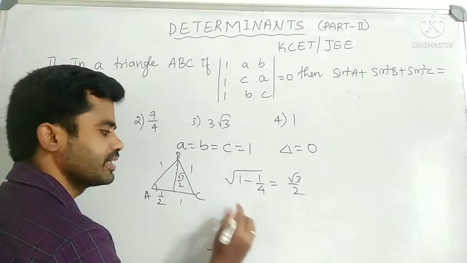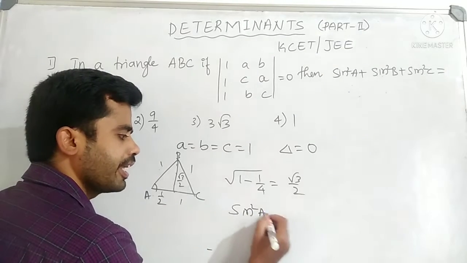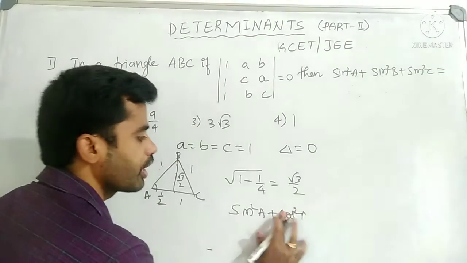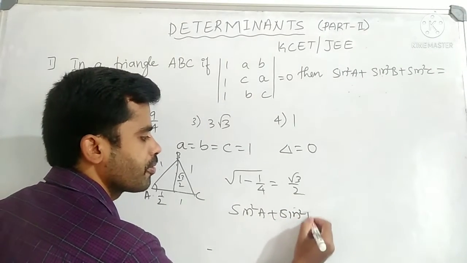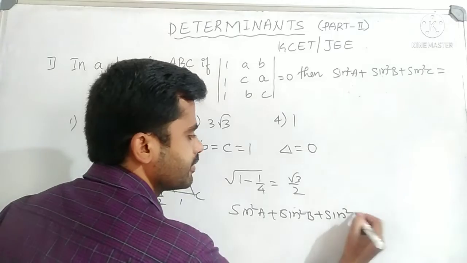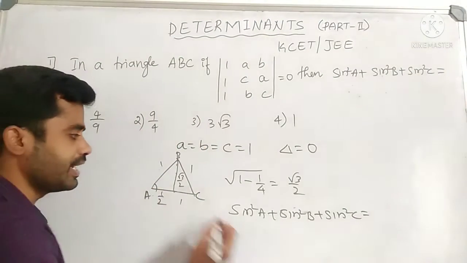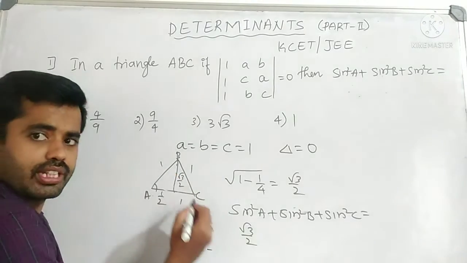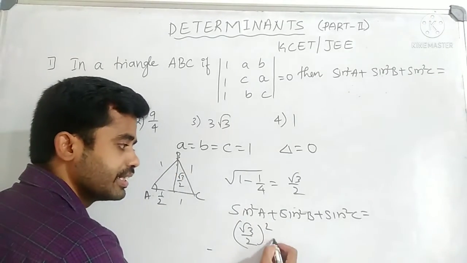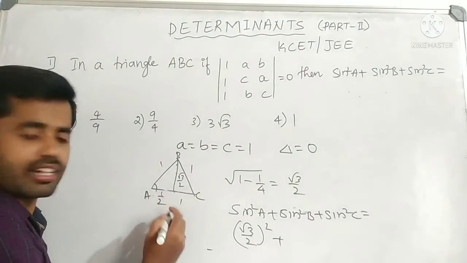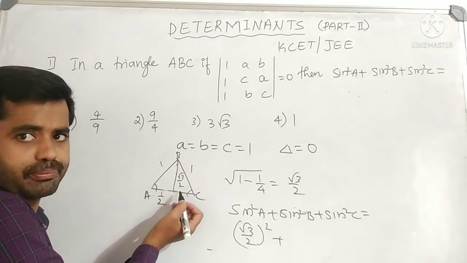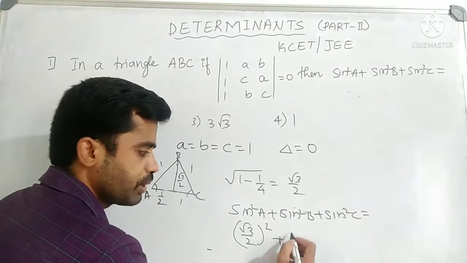Now sin square A plus sin square B plus sin square C is equal to what? Sin A is root 3 by 2, whole square. In the same way, because it is an equilateral triangle, all the angles are equal, so the value is the same.